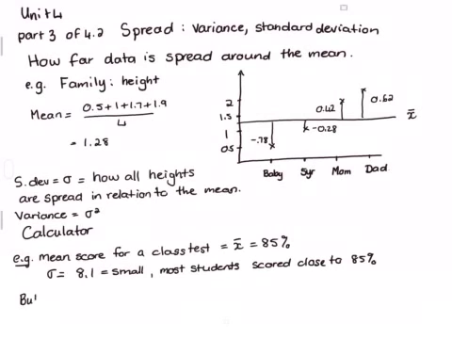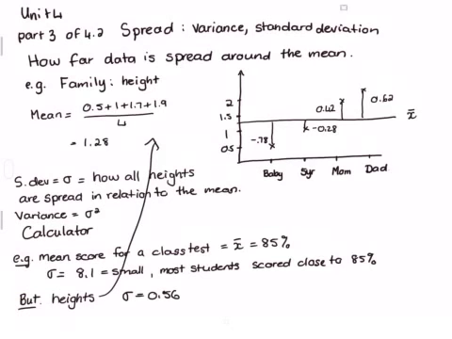But on a different one, if we look at the heights of our family above, this example we did there, the sigma is 0.56.